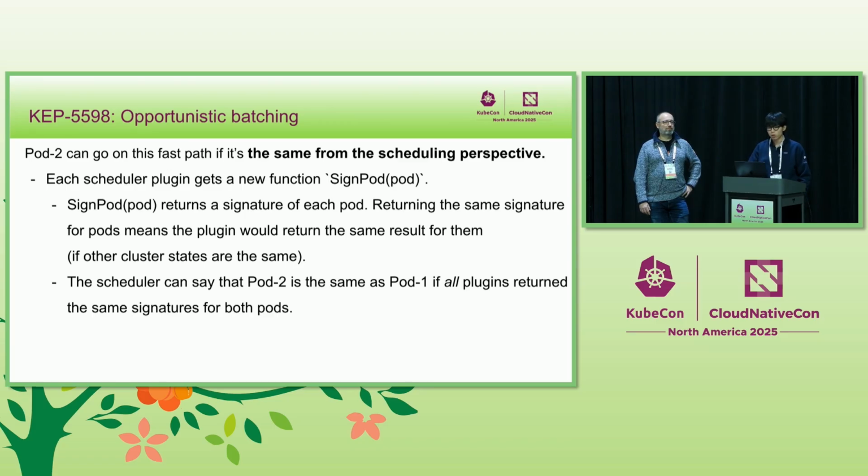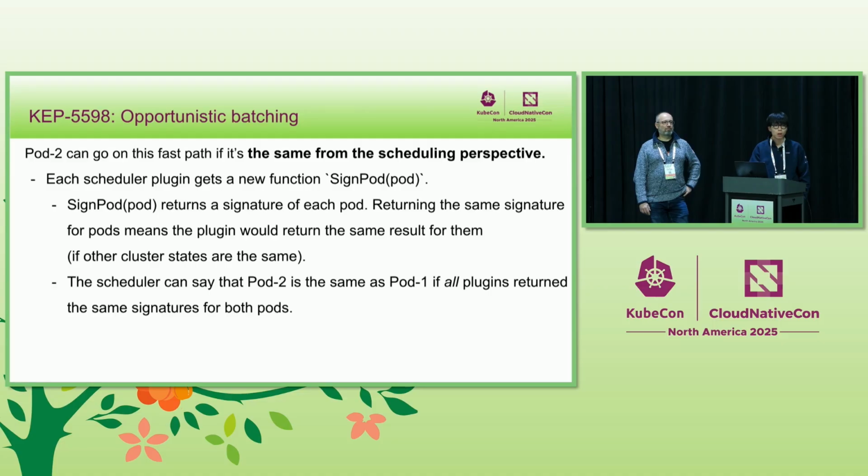For example, for the SignPod of the node affinity plugin, the signature would include, of course, the node affinity spec in a pod spec, and maybe others as well based on some different conditions.